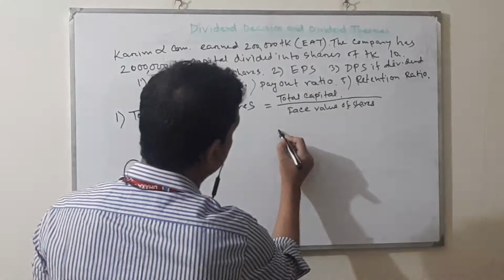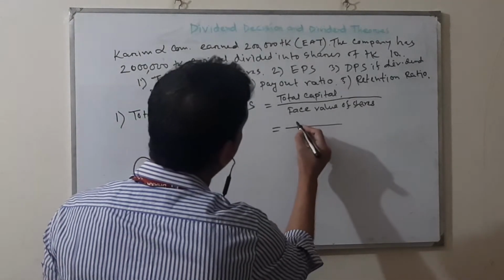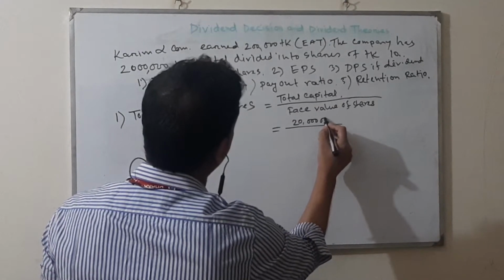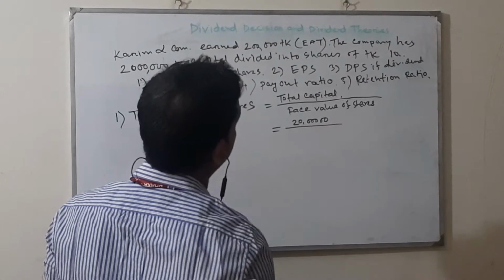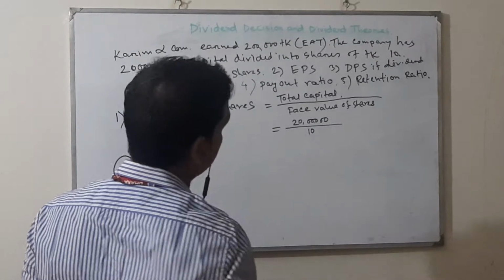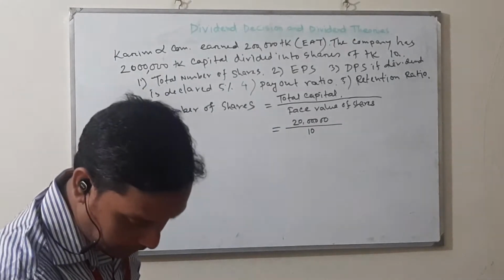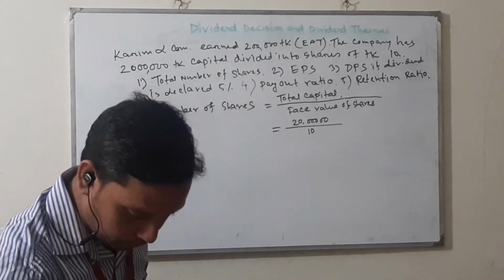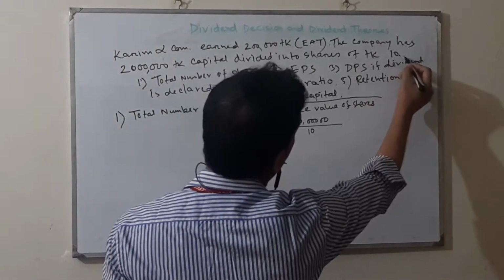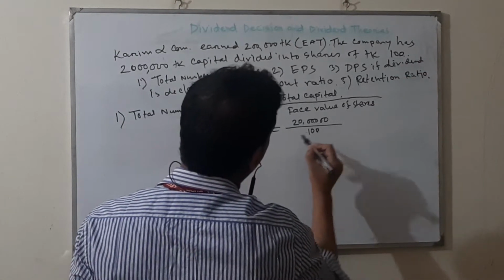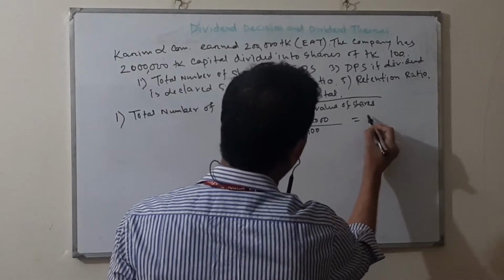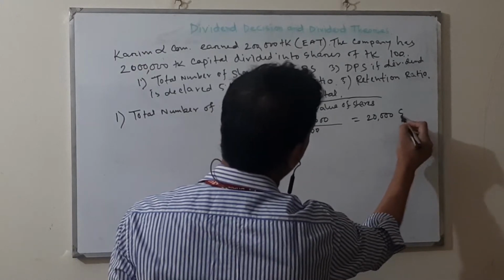Total capital is 20 lakh taka, divided by 100, so it is 20,000 shares.